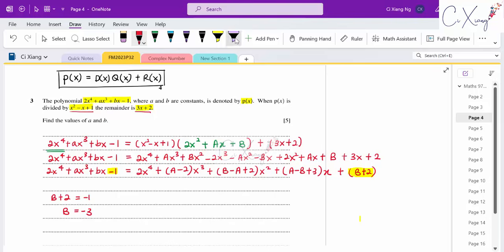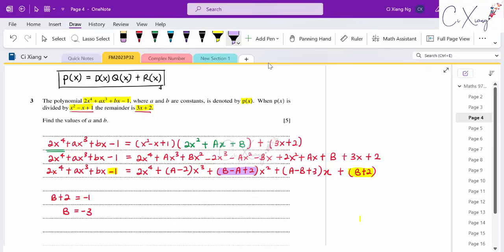After that we try to analyze and see which is the second term that we can compare. Maybe I can compare the coefficient for x squared. For the right hand side, I'm having b minus a plus 2 times x squared, but on the left we are not having any term about x squared.